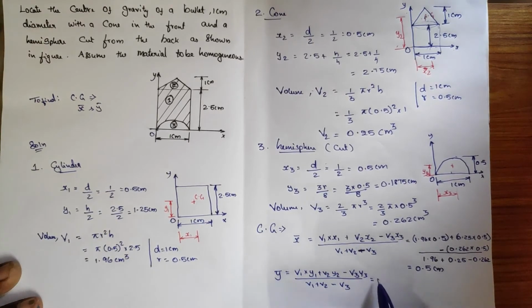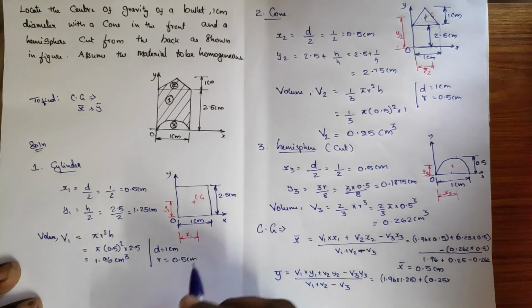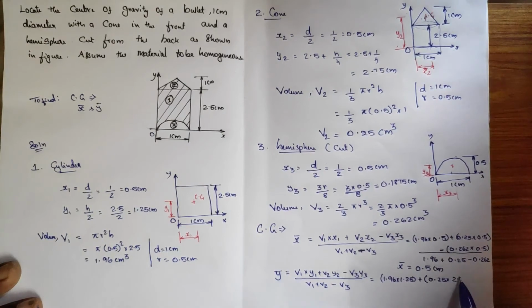So here v1 is 1.96 into y1 which is 1.25, plus v2 0.25 into y2 which is 2.75, minus v3, which is 0.262, into y3, 0.1875, divided by all the volumes: 1.96 plus 0.25 minus 0.262.